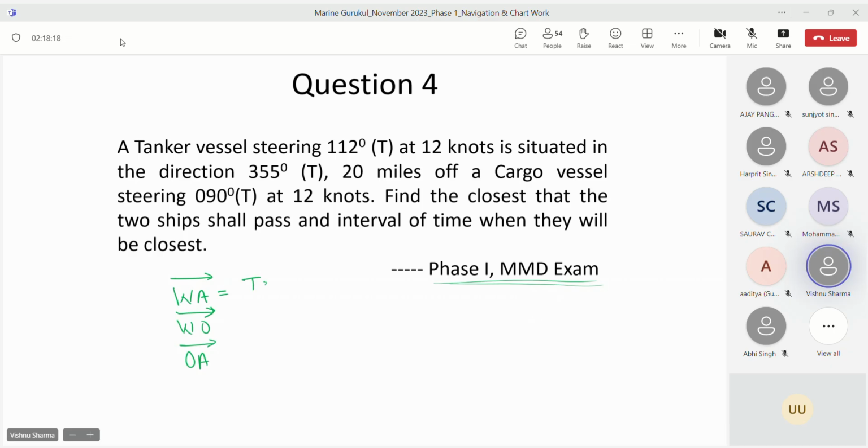W to A is the target vector. W to O is the ownership vector. And OA is the relative line of approach, correct, beta?